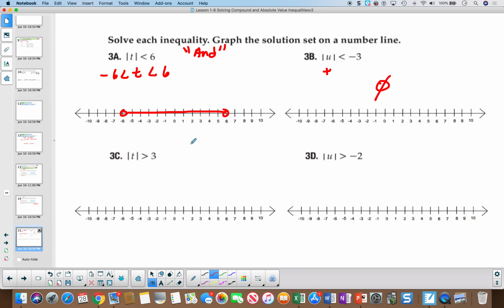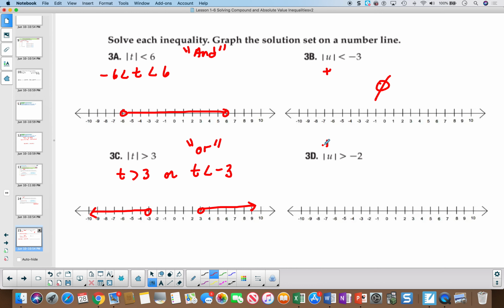Now when I see a greater than, I think or. So I think t is going to be greater than the distance 3, or it has to go in the opposite direction. t is less than -3. So I'm going to circle -3 and all values less than it. I'm going to circle 3 and all values greater than that. Now this says the absolute value is greater than -2.